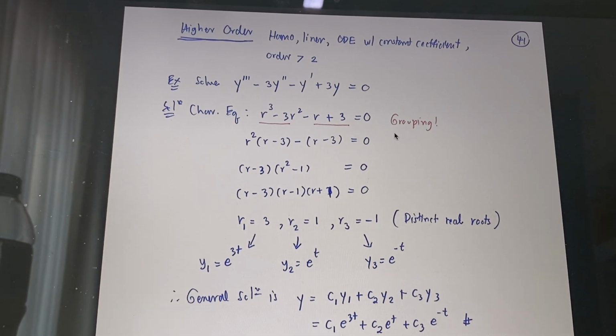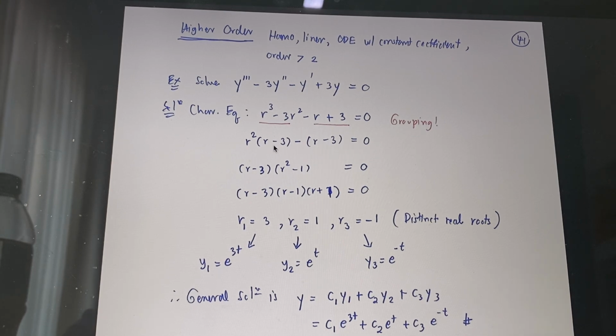This is the technique, okay? When you see this, you kind of have to think ahead a little bit. So I mentioned grouping. If you group these two terms together and these two terms together, then when you factor the common factor r squared from the first group, you're going to get r squared times r minus 3, and minus, you factor minus out, so inside parentheses you're going to have r minus 3.